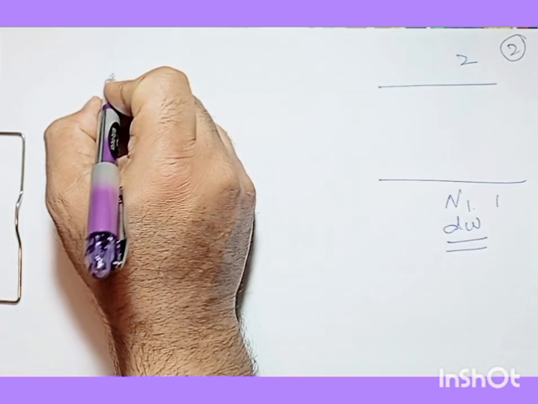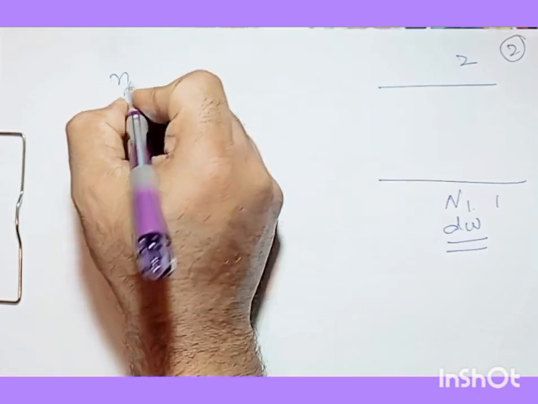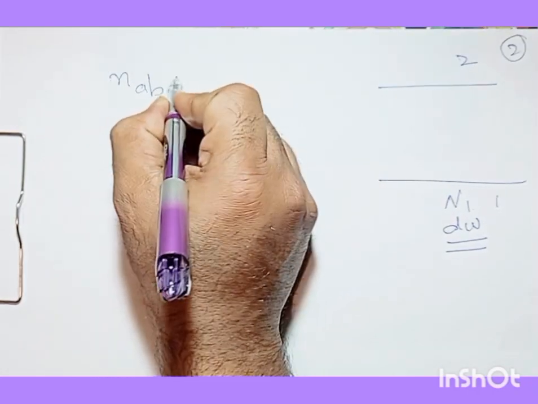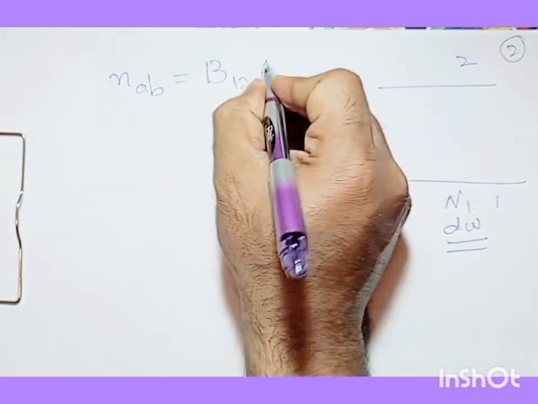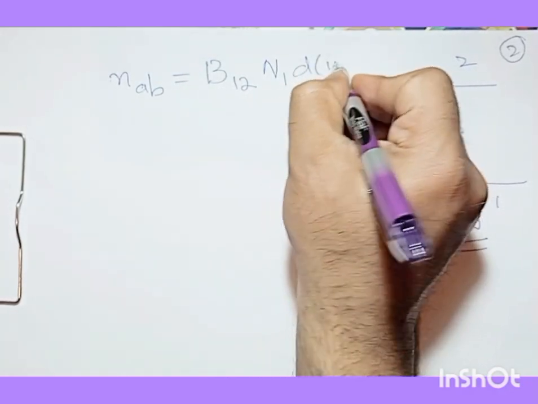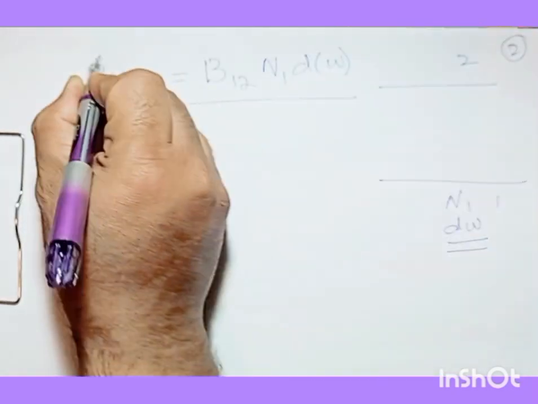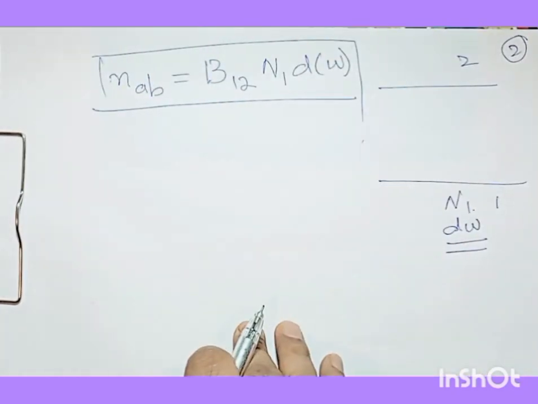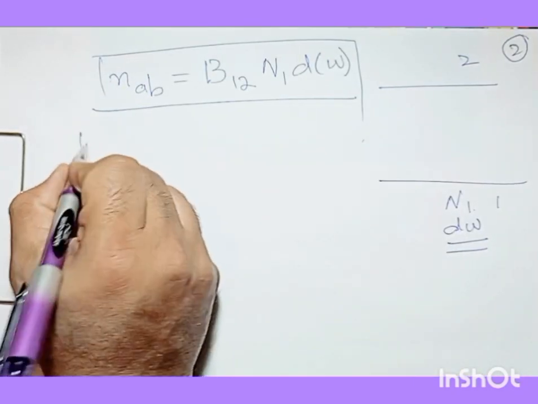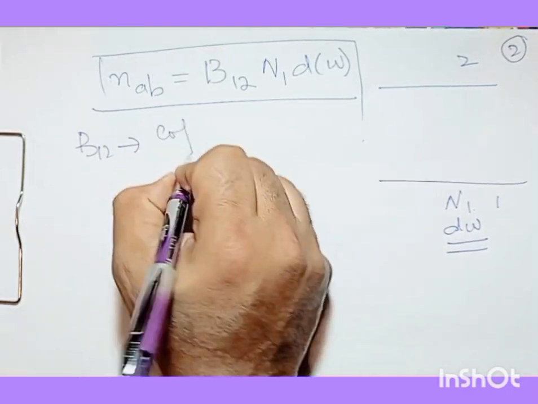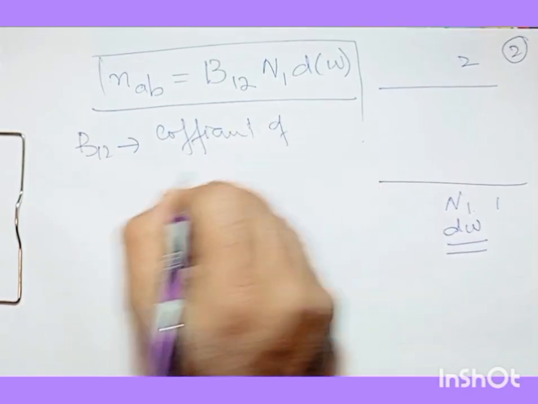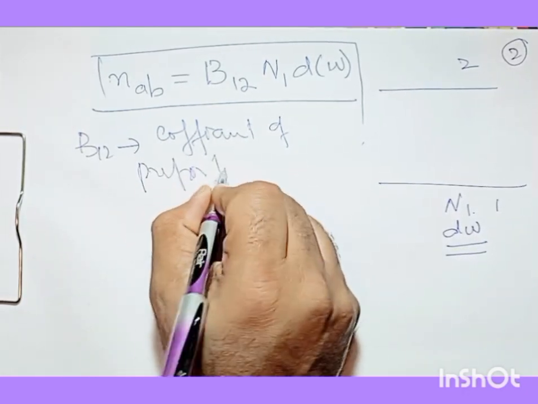If I choose that absorption per unit time as N_AB, this is going to be equal to B12 n1 d of omega, where this B12 is the coefficient of proportionality.